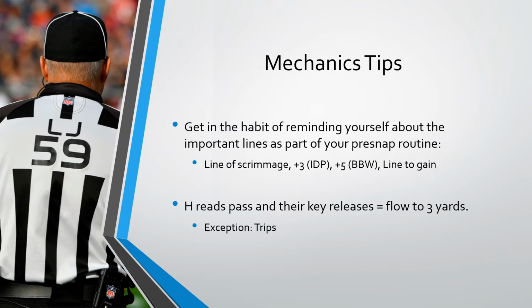There is an exception to that for us in trips. If trips are to the line judge side, then the head line judge holds the line of scrimmage and the line judge flows as is necessary. Also, sometimes in trips, if my receiver goes downfield and I'm the head line judge, I may flow beyond 3 yards if necessary. But I try to keep that 3 yard limit in my mind.